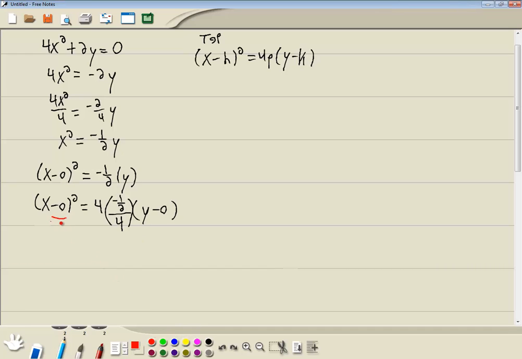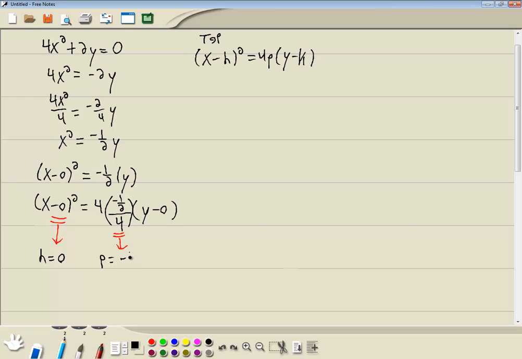Okay, this is going to be our h, and it's always opposite sign. So h is 0. What's inside the parentheses here is our p. And we got p is equal to, and whenever you have a single fraction up on top in the numerator like that, you can take its denominator, which is 2, and put it down with this other denominator.